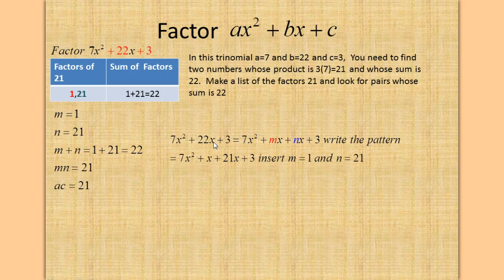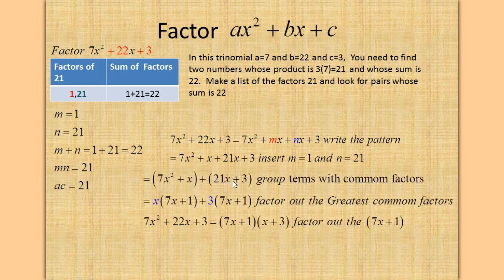7x squared plus 22x plus 3 equals 7x squared plus mx plus nx plus 3. Write out the pattern. Then we insert m equals 1 and n equals 21, so 7x squared plus x plus 21x plus 3.